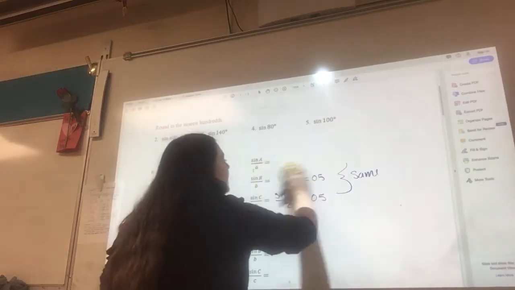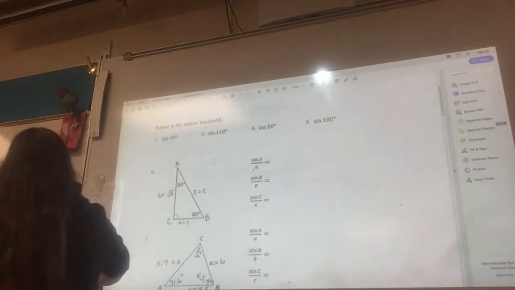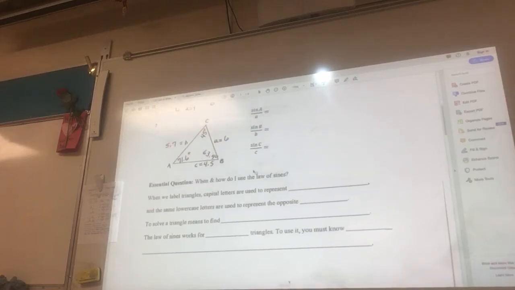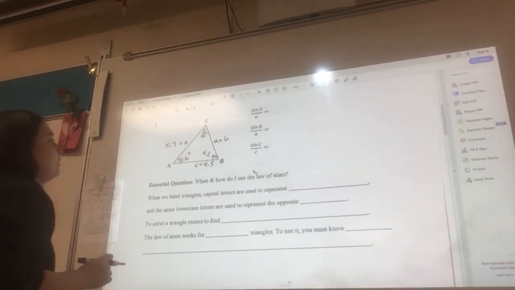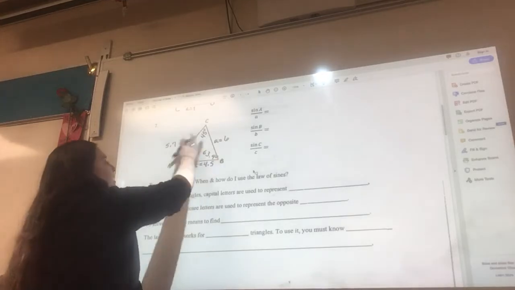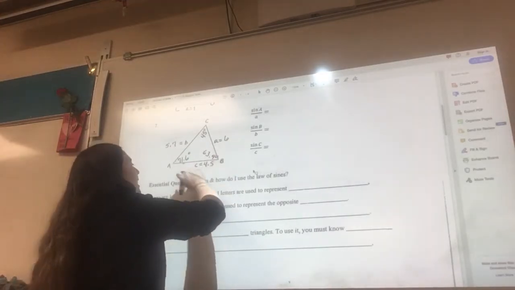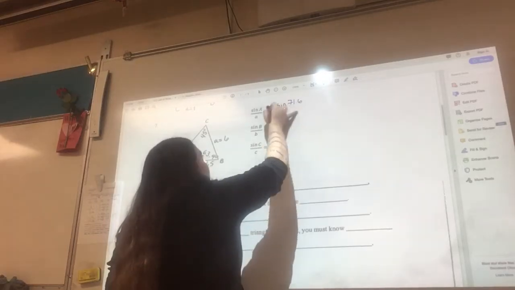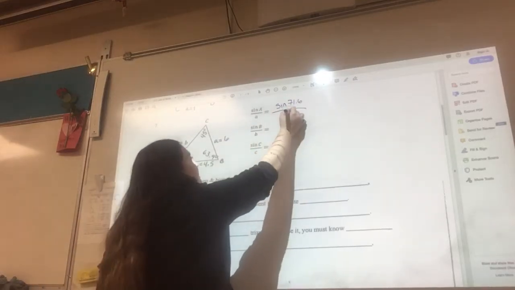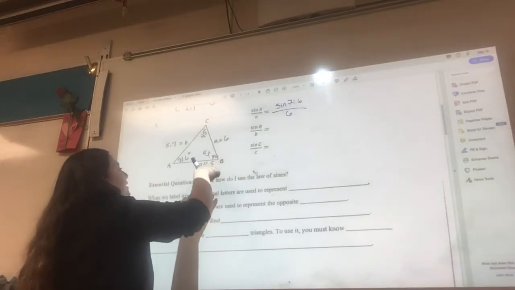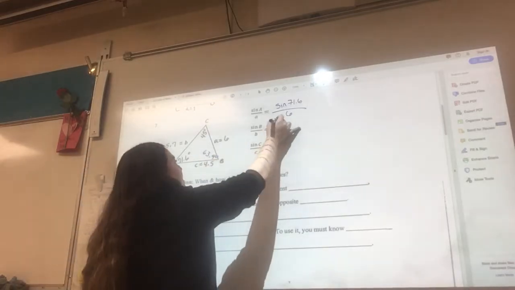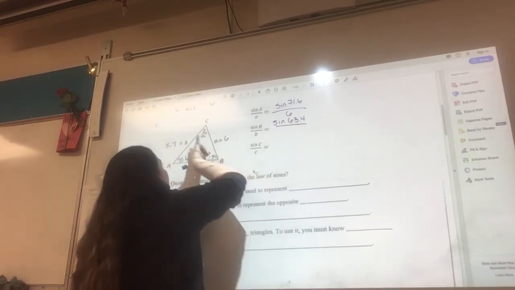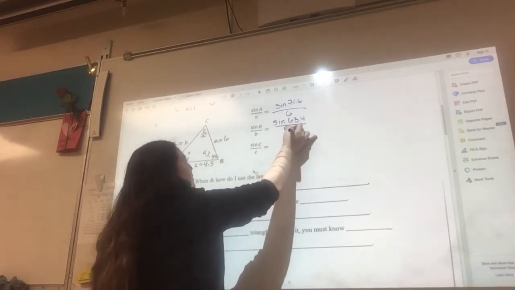All right, you're going to do the same thing with 7, but if you notice, 7 is not a right triangle. So we're going to do the same thing, but with 7. Sine big A, so sine of 71.6 all over little a of 6. Sine of B is sine of 63.4 all over little b, 5.7.